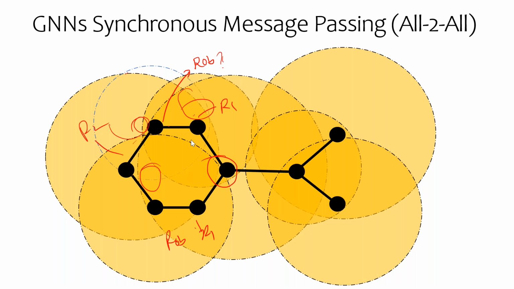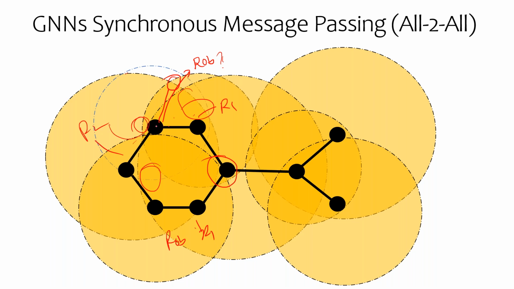There is a question: can a node get the message from more than one node? Yes, it can. The concept is the neighboring node. A node can have two or four or five neighboring nodes, right? Based on that, it gets the messages from the neighboring nodes and distributes to them.